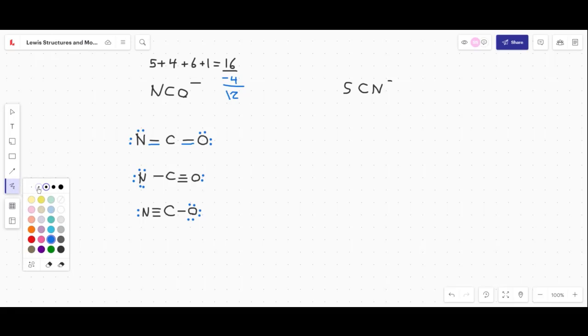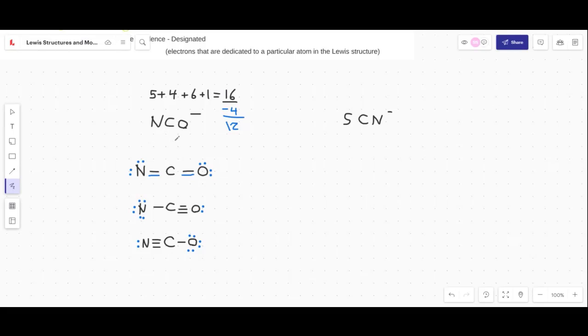What would the formal charge be on the nitrogen in the top Lewis structure? So the one with 2 double bonds, what would the formal charge be on the nitrogen in that Lewis structure? What do you think? -1. 5 valence electrons minus 6 designated, so that's going to be -1.